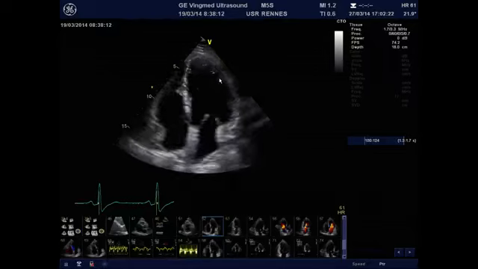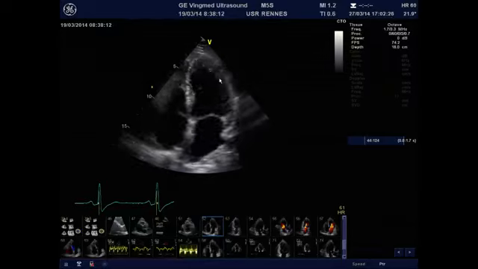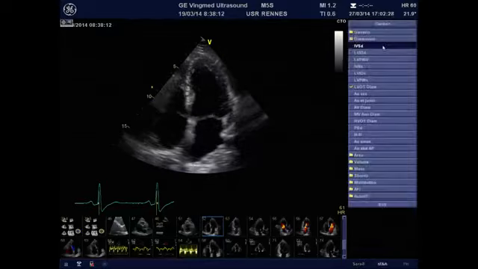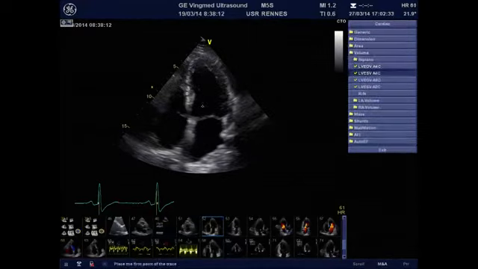Then we will measure the volumes and the LV ejection fraction. Usually, we do it using the Simpson method, and I will show you. So, usually I start by the LV end systolic volume. I do my best to include the endocardium within the LV cavity.